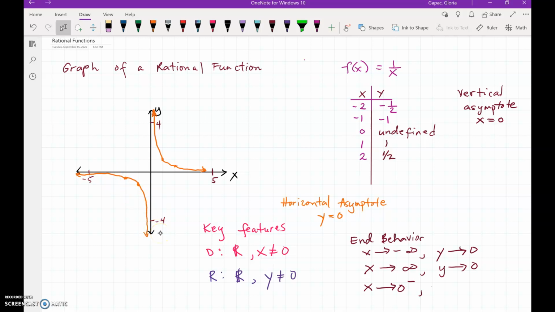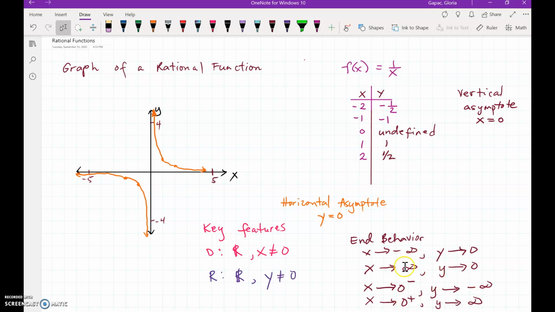And what's happening to the y? Y is approaching negative infinity. And then on the other side of 0, x approaching 0 from the right side, the y value is getting larger and larger.